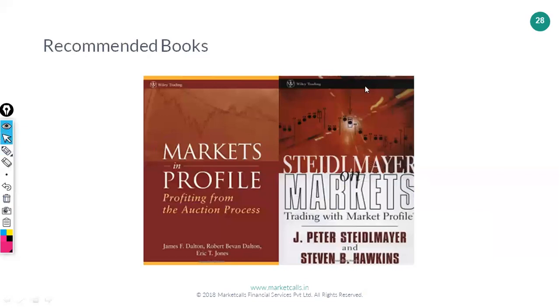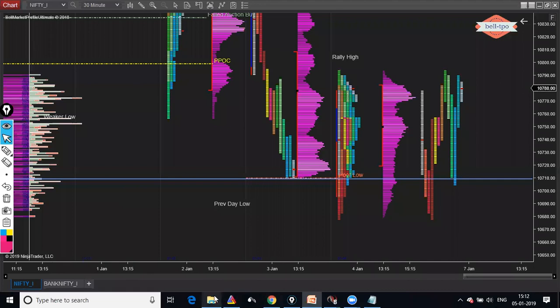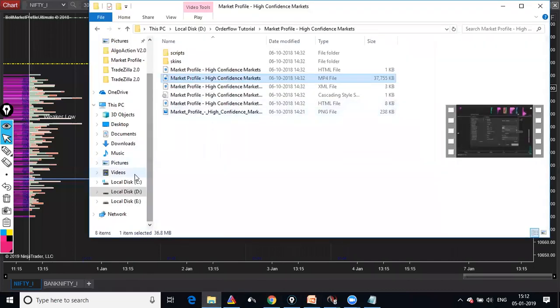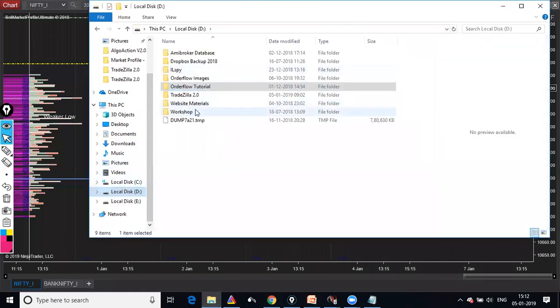Do I have a soft copy of this book? I don't. I have a hard copy of this book, but I don't have the soft copy. What I can share with you is a CBOT book which I have. It's publicly available from the CBOT website itself.